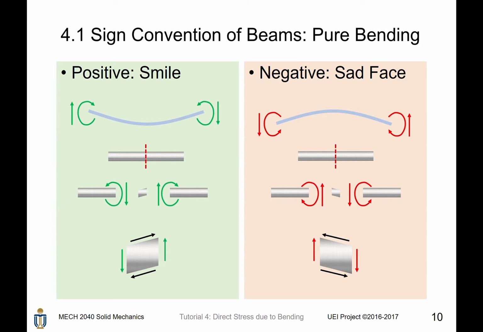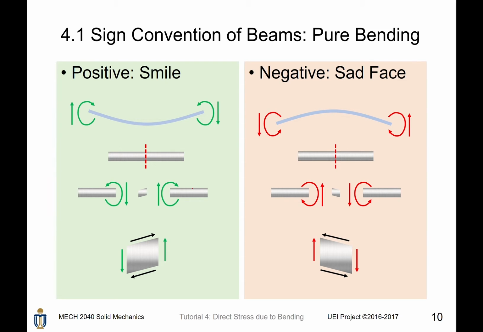So if we talk about the moment inside a beam which is cut in pieces, then actually you can see how our sign convention works. When considering a piece of material which is cut, you can see this material is separated into the left section and the right section. At the right hand end of the left section, the sign convention will follow the moment at the right hand end of this beam.